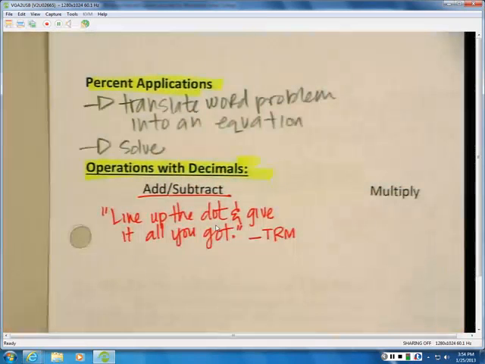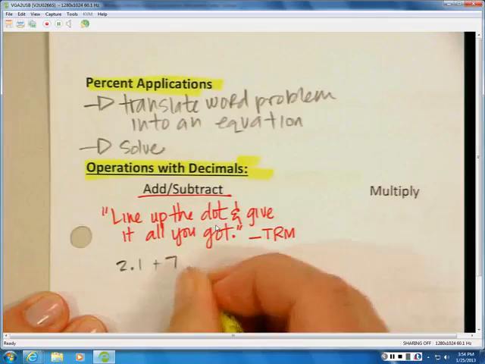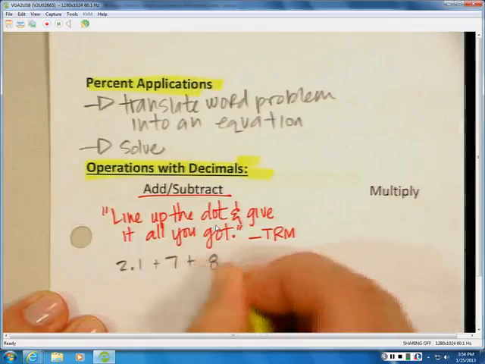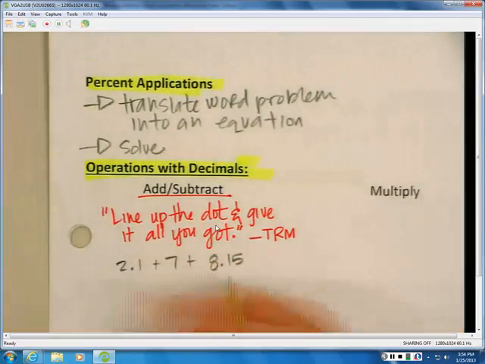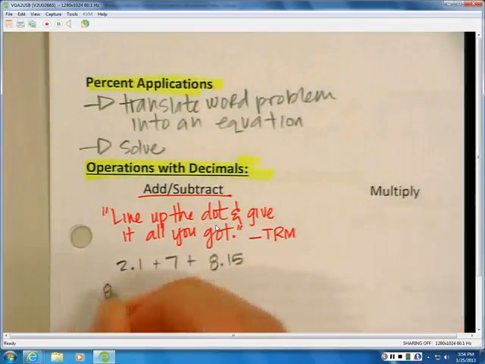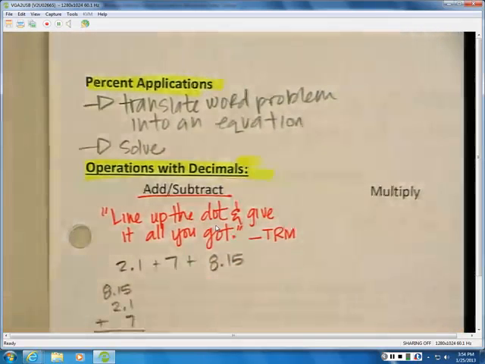So for example, let's suppose you had 2.1 plus 7 plus 8.15. A lot of people might be tempted to take 8.15, 2.1, and 7 and just add them.